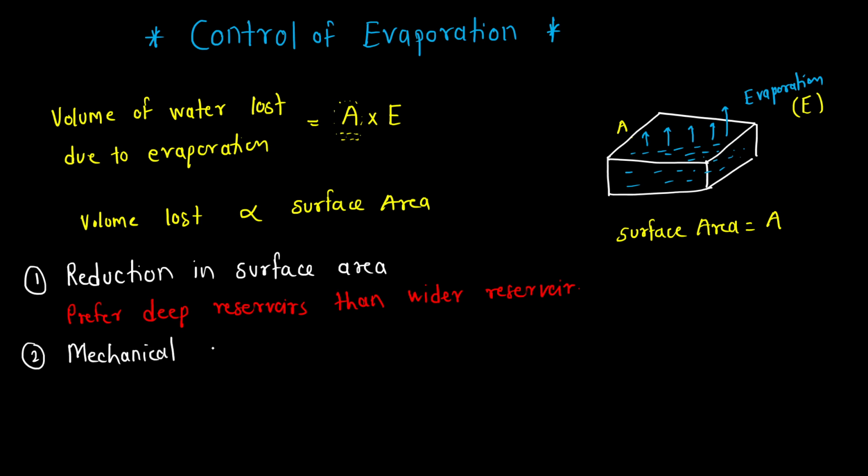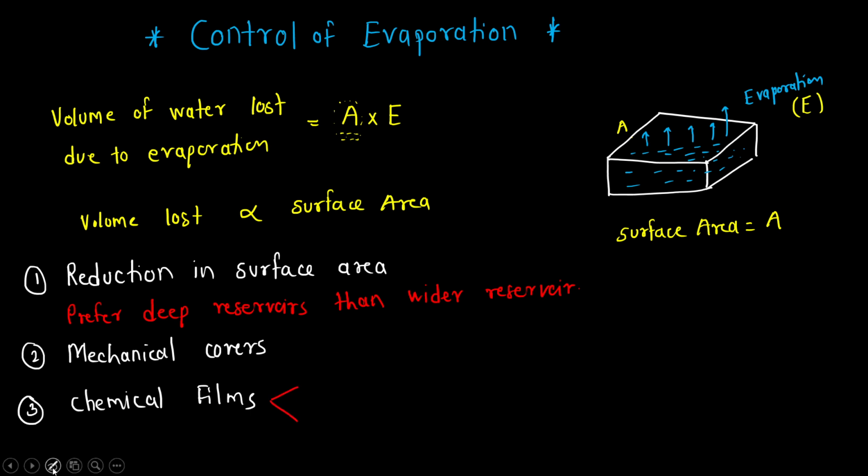Mechanical covers. And the last one is by using certain chemicals. Okay, so write down, this was asked in MPSC 2019. So chemical films. Which are the two different chemical films that are generally used?